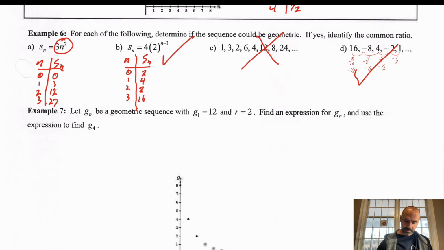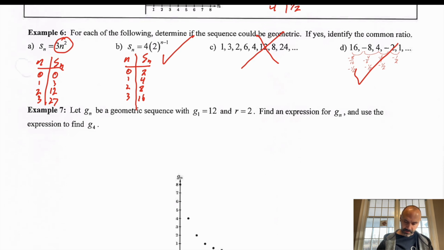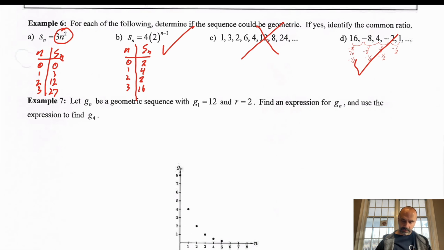Let's take a look at example 7. It says, let g of n be a geometric sequence with g of 1 equals 12 and r equals 2. Find an expression for g of n and use the expression to find g4. We're not given the initial term, but we're given what g1 is. So we can plug this into that second expression and find what the base expression should be, and then find g4.